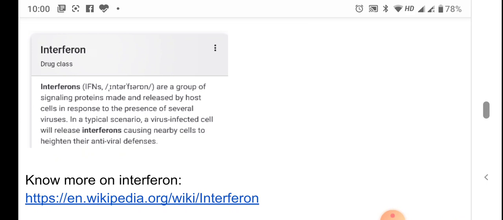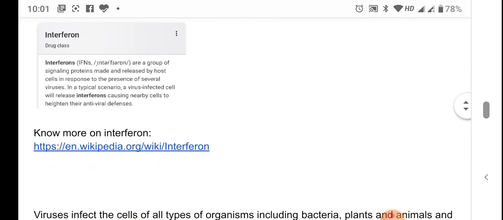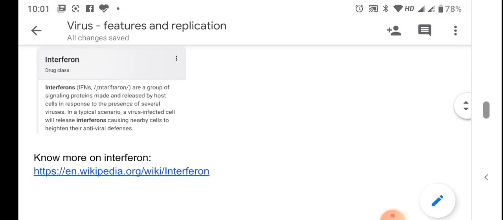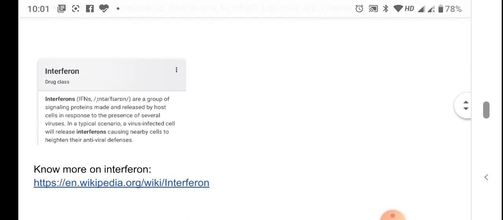The cells produce a group of proteins in response to the presence of viruses. These proteins are known as interferons. So that may be considered a defense mechanism of the host cell.